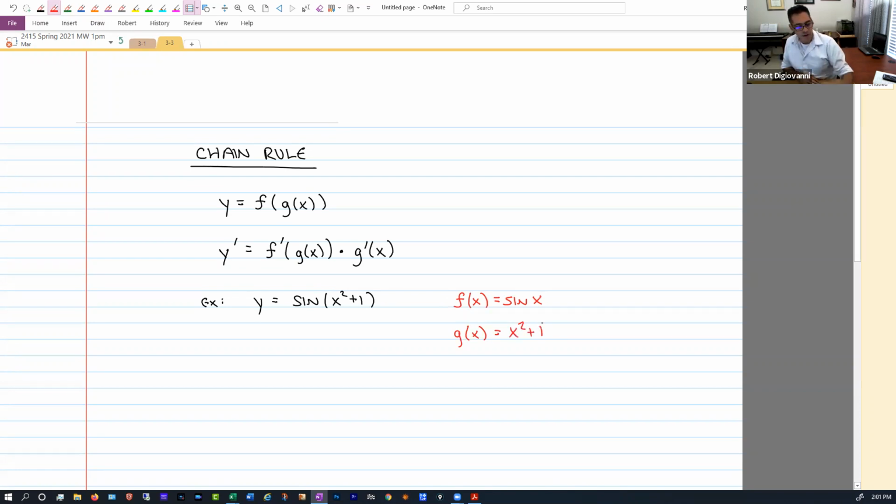And then to take the derivative, you're just taking the derivative of the outer one first, which would be cosine. And then you plug into it g without taking the derivative, and then you multiply times the derivative of what's inside there, which is your 2x, right? So that's the way we did it in Cal 1.